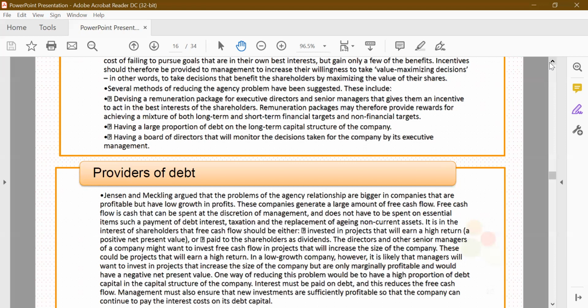And sometimes it's spent in such a way that is not in the interest of shareholders. Now, interest must be paid on debt. And if interest is going to be paid on debt, this reduces the free cash flow, and in essence will reduce the agency problem that we are talking about here.